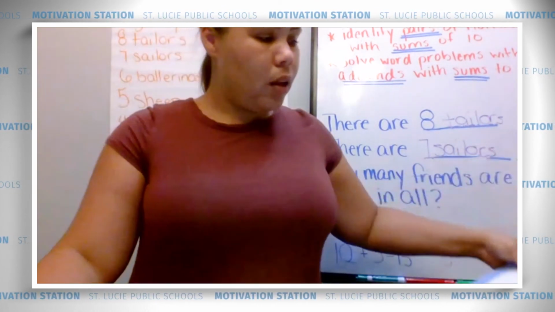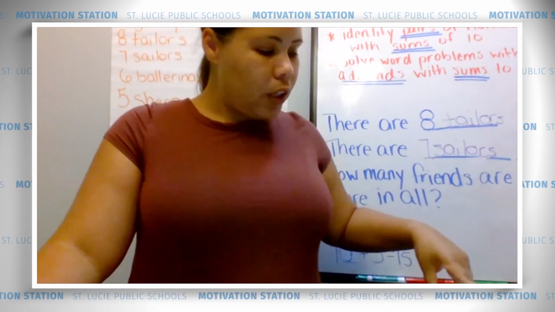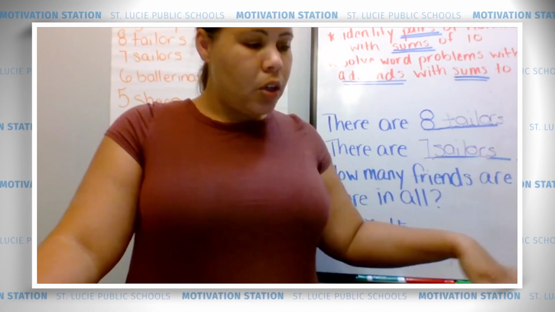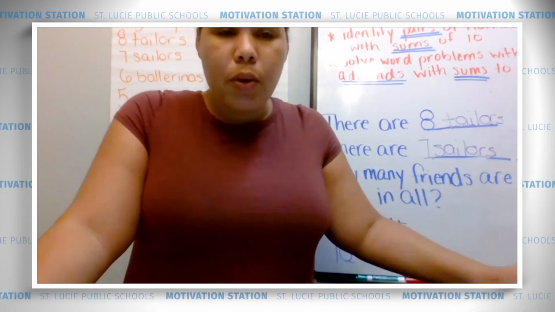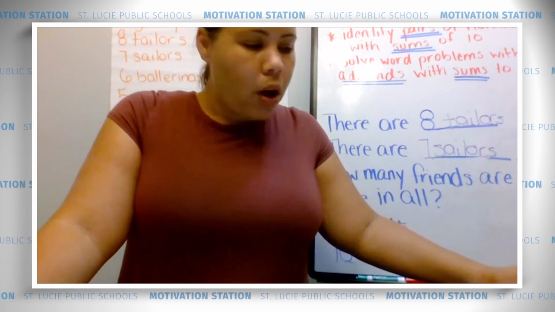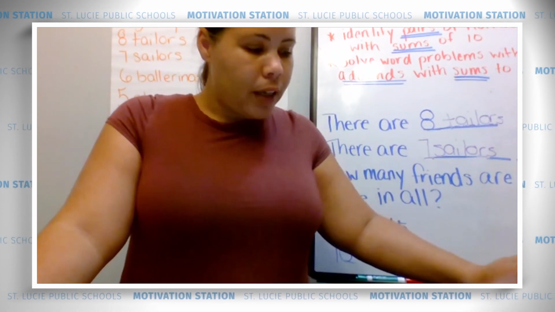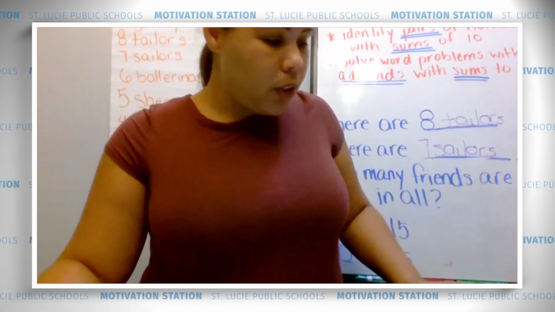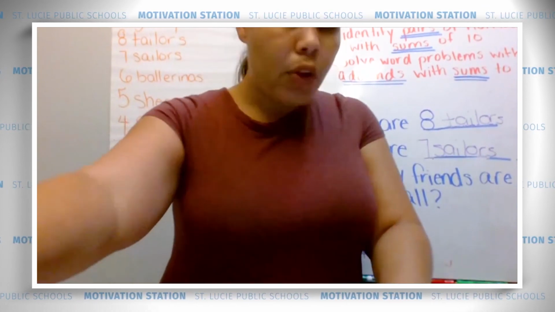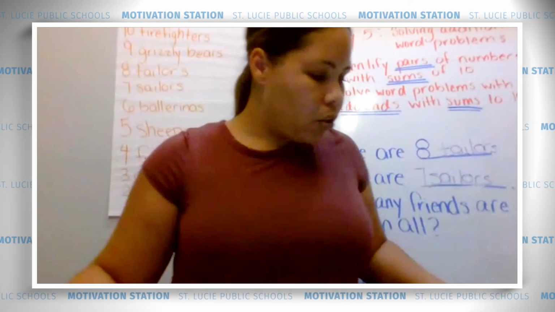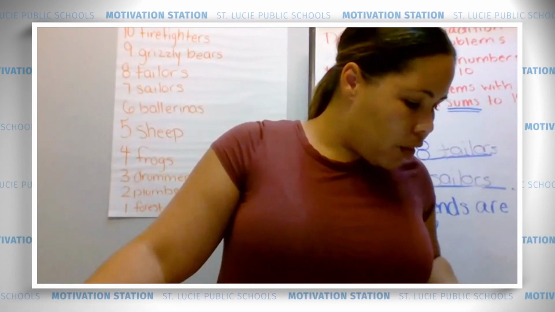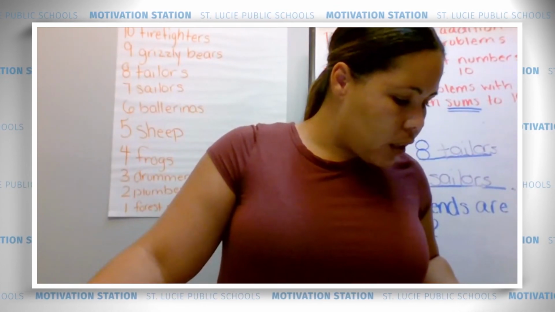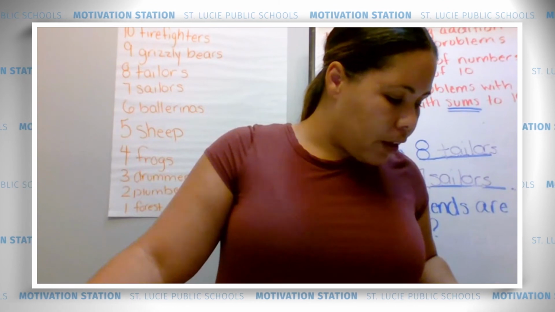Okay. I would like for you to turn in your workspace book to page 14. You're going to work on some of these problems on your own, but let's practice one more from our actual book. So in your workspace page, you have directions at the top. Your directions say there are 4 frogs, there are 9 bears.